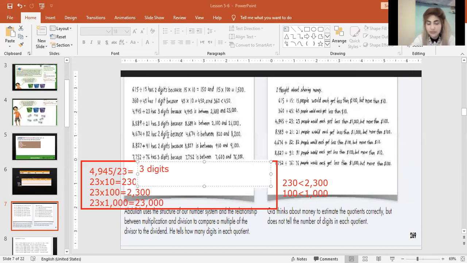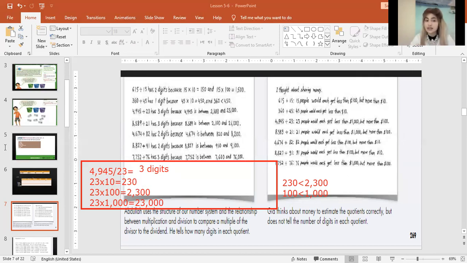Okay? So that's a way of solving division by estimation. We don't want to know the exact answer. We can know it by long division, but all we want to know is if it is 1 digit or 2 digits or 3 digits.